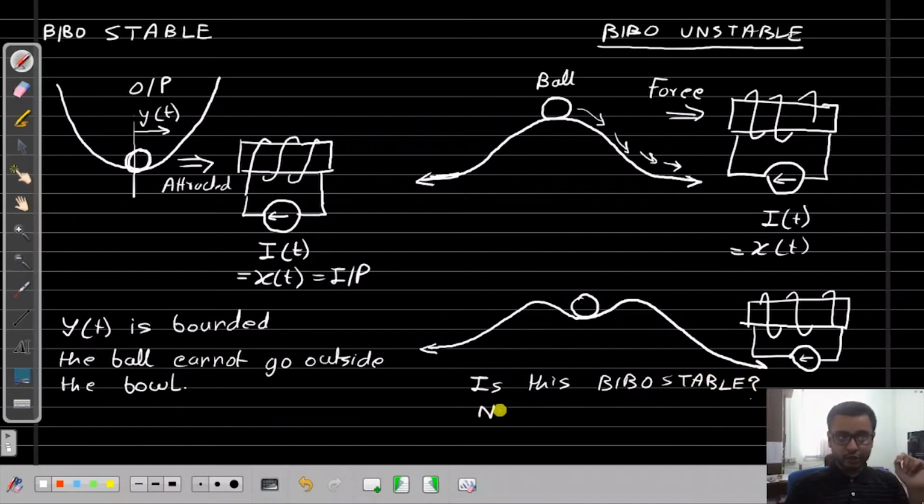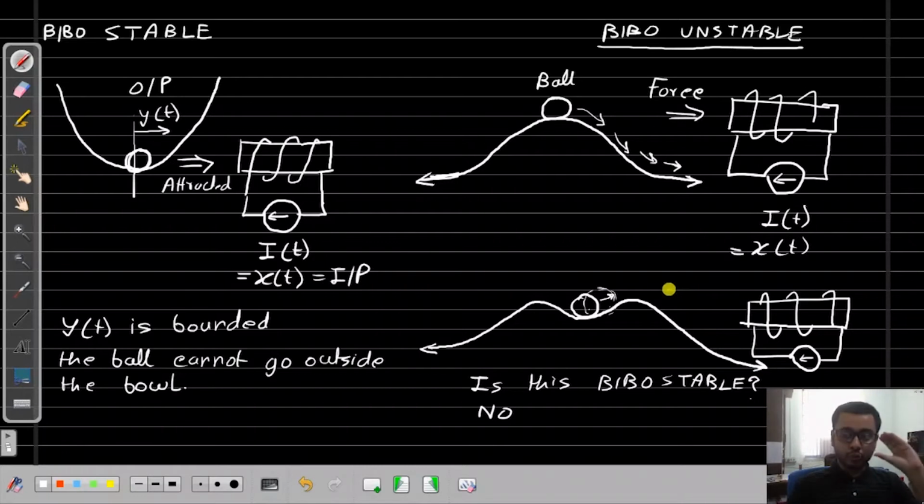The answer is no. Why not? Because if this current i(t) is bounded by a very small amount, then this ball will be attracted towards the right, and maybe it will come up to this position and reach an equilibrium position. It will not go any further.